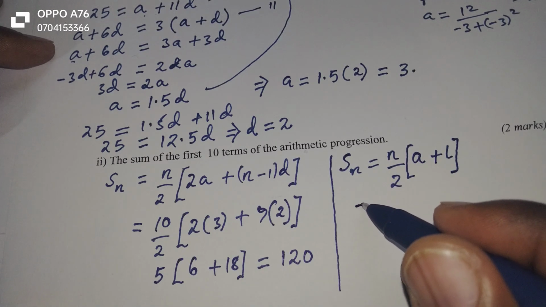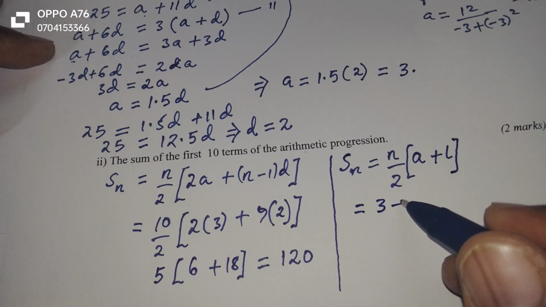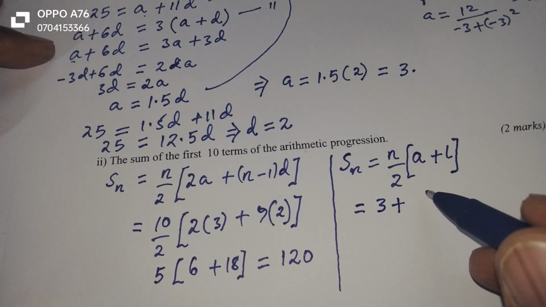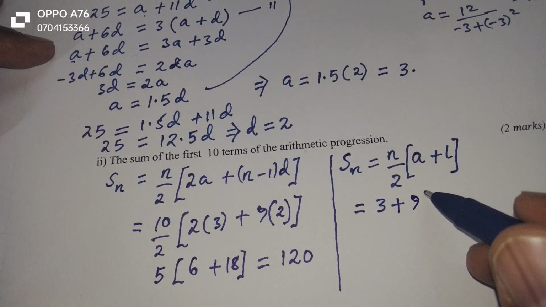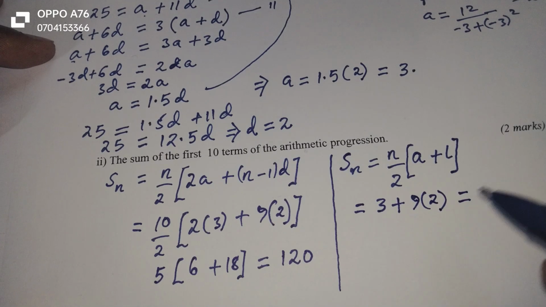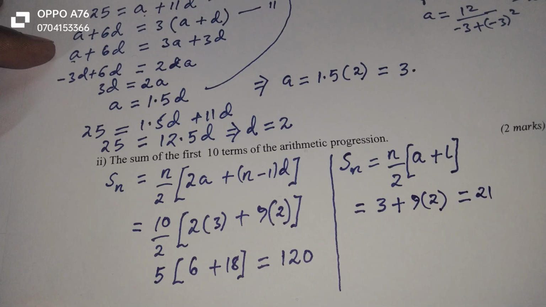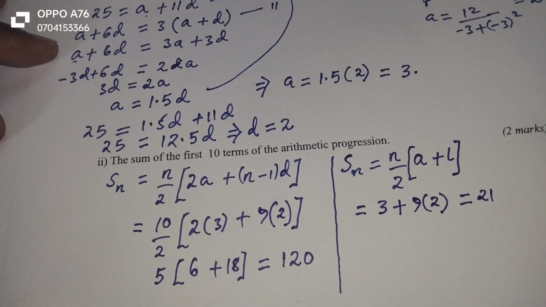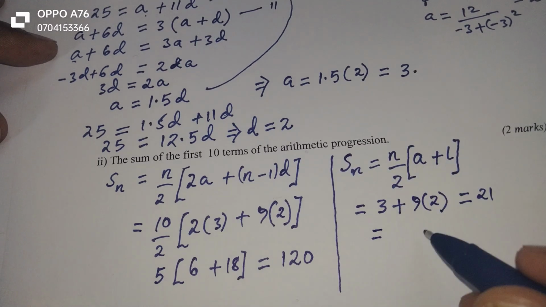The 10th term will be given by the first term A plus n minus 1, which is 9 now, multiplied by the common difference. So the 10th term is 3 plus 18, which is 21. So the 10th term is 21.